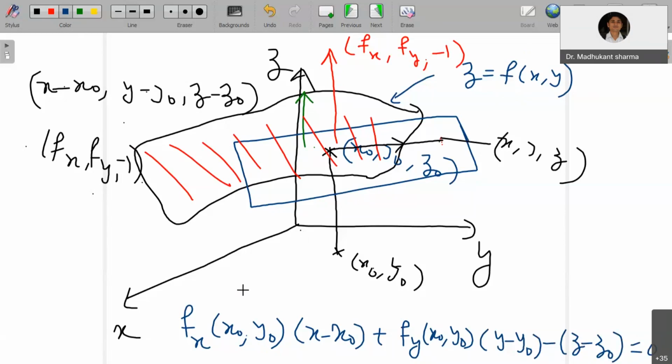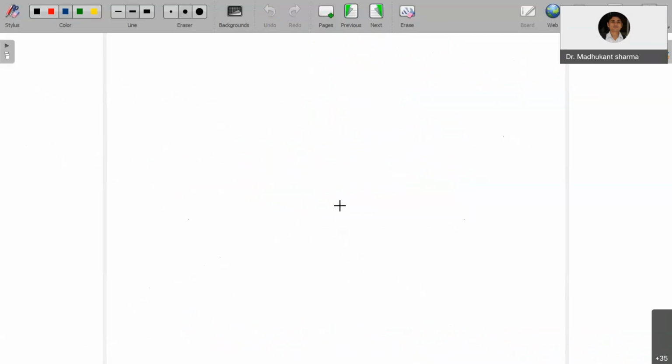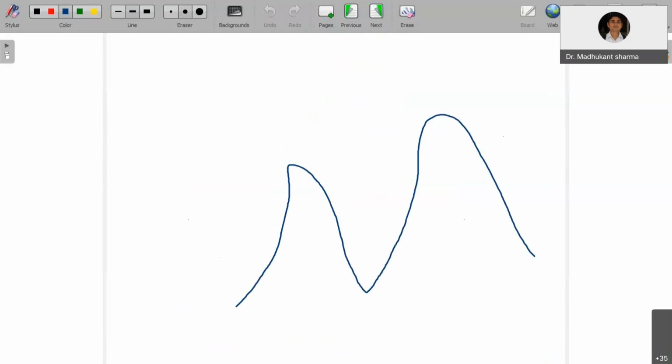Now we are talking about the horizontal tangent plane. So how would you look at the horizontal tangent plane? Let's consider this in space. You can consider some mountain.